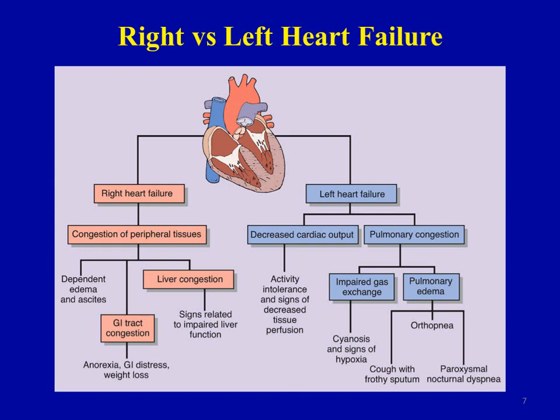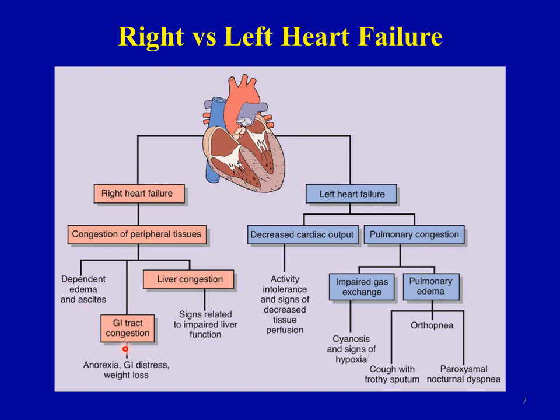As I said, we have congestion proximal to the failing heart, so the symptoms and signs will depend on which ventricle or which side of the heart is failing. As we see here, in right heart failure there will be congestion of the peripheral circulation, especially the venous side of the systemic circulation. So we'll have dependent edema or lower limb edema, and ascites, where fluid accumulates in the peritoneal cavity.